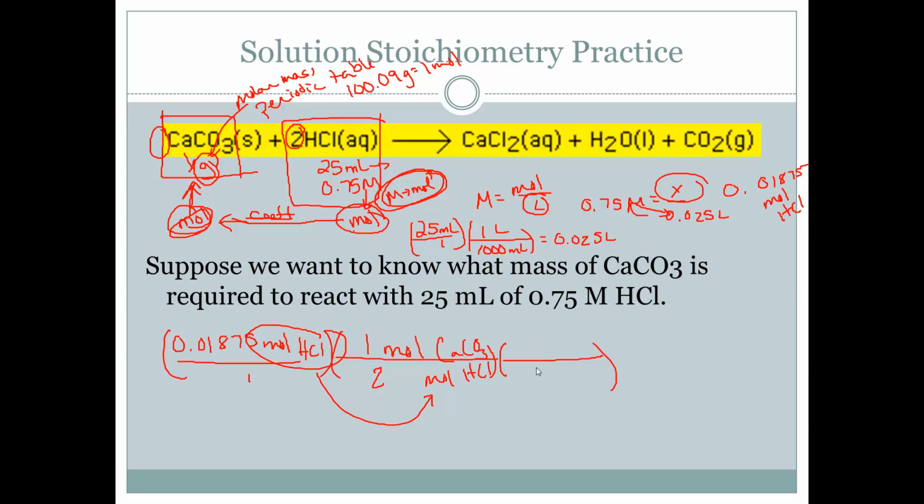So for every 1 mole of CaCO3, there are 100.09 grams. And that comes out to be 0.01875 divided by 2 times 100.09 is 0.938 grams CaCO3.